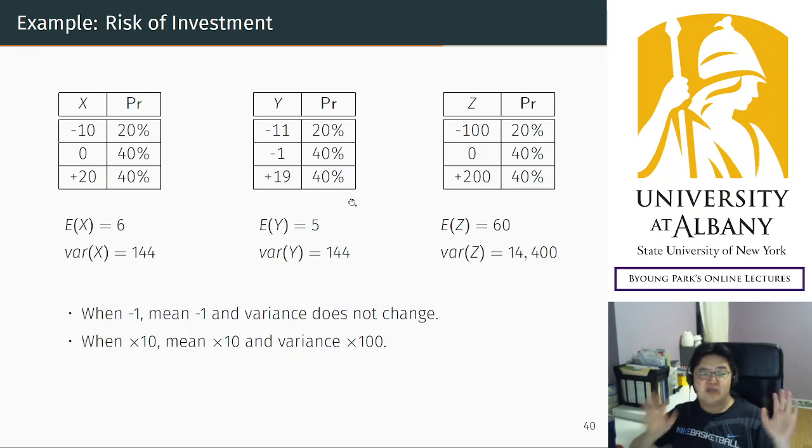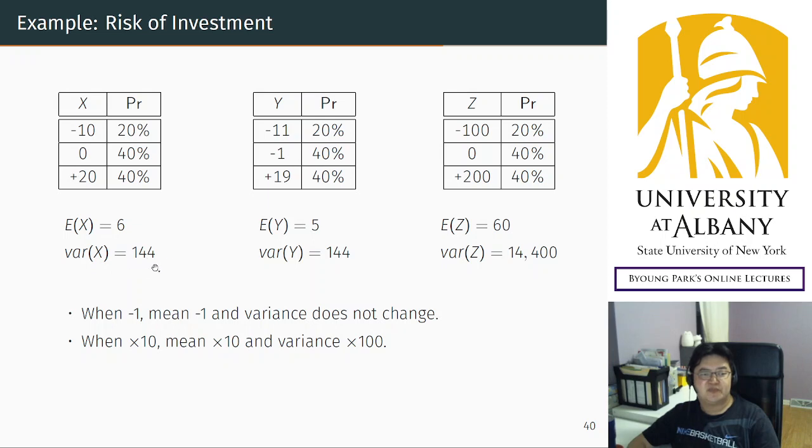So now if you put them together like this, the expectation is pretty nice. It's really well behaved. It moves exactly as you change the outcomes. If you subtract 1, the mean changes by -1. If you multiply by 10, then the mean is multiplied by 10. But variance is not regular.